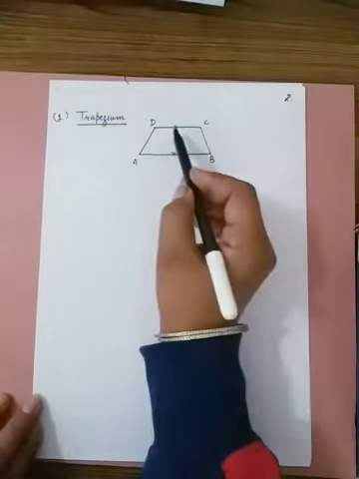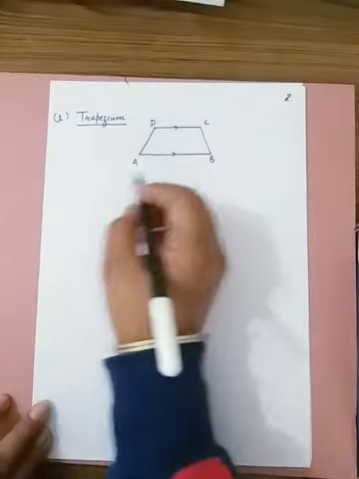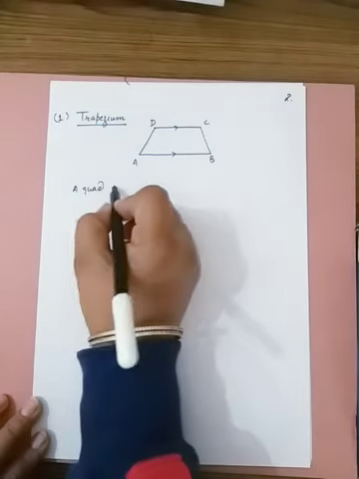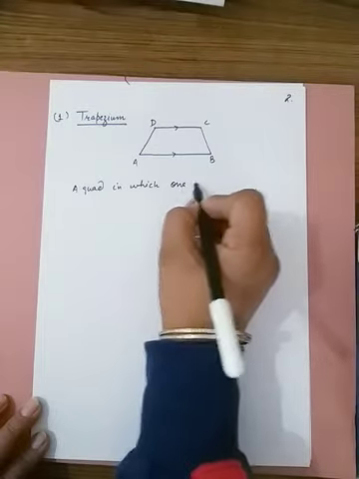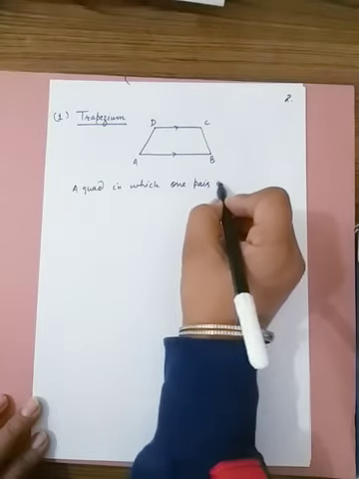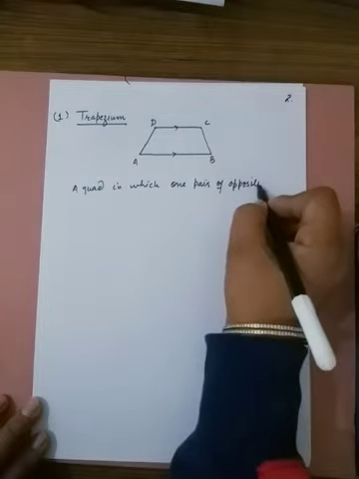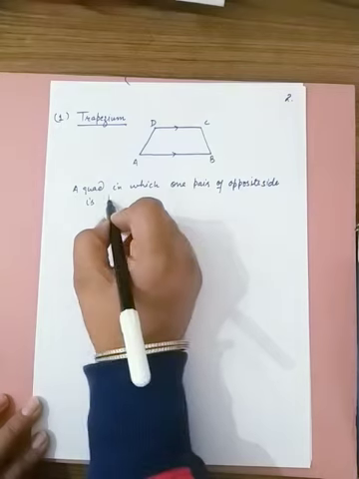So a trapezium is a quadrilateral in which one pair of opposite sides is parallel.